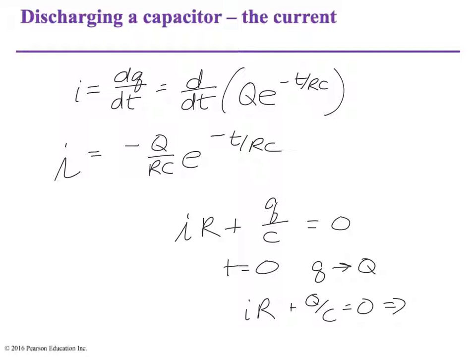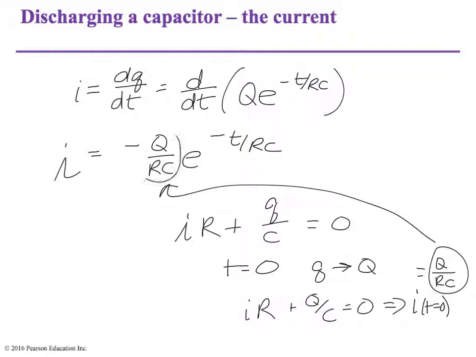We could rearrange this and find the current at t equals 0 would be equal to Q over RC. And look, that looks familiar. That's just the initial current.